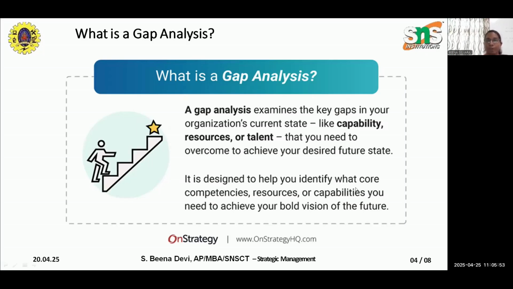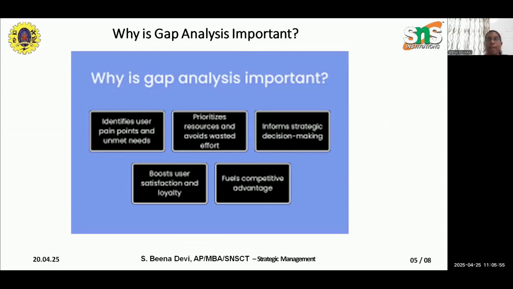Next, we are going to look into why gap analysis is important. So far we have gone through what gap analysis is and what it is all about with an example. Now we need to know why this is important in an organization. First and foremost, you need to identify the users' pain points and unmet needs.